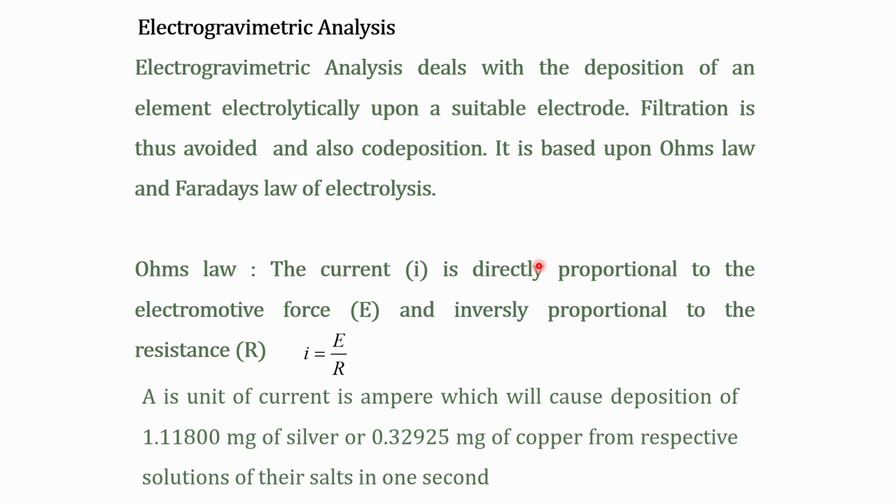Such conditions are very rare in electrogravimetry. Therefore, essentially what you are going to do is an almost specific determination of the metals. This is one of the greatest advantages of electrogravimetry.